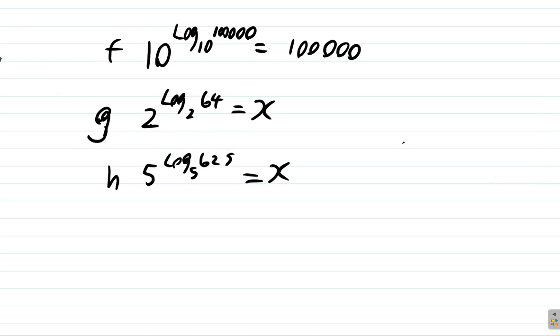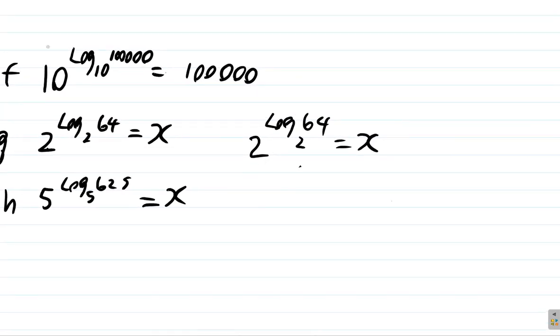Would it really work out? Suppose you say 2 raised to the power of log 64, and the base is 2, and that is equal to x. Would that really work out? Let us see. Let me write this 2 significantly bigger than the rest of it. 2 raised to the power of that equals x.